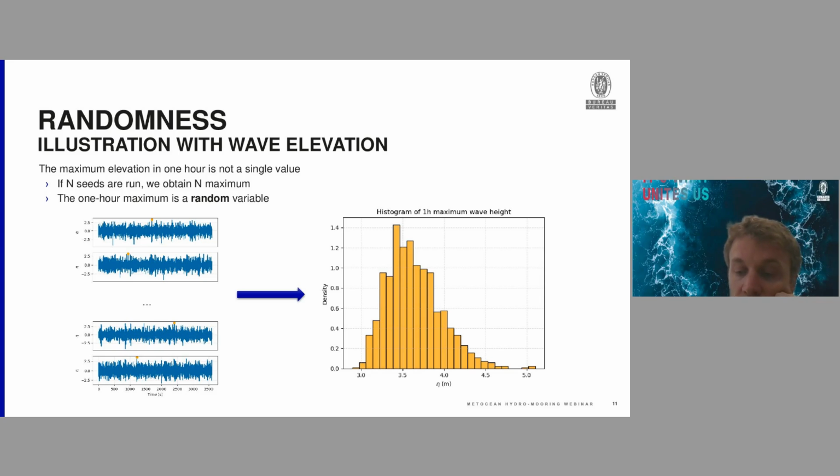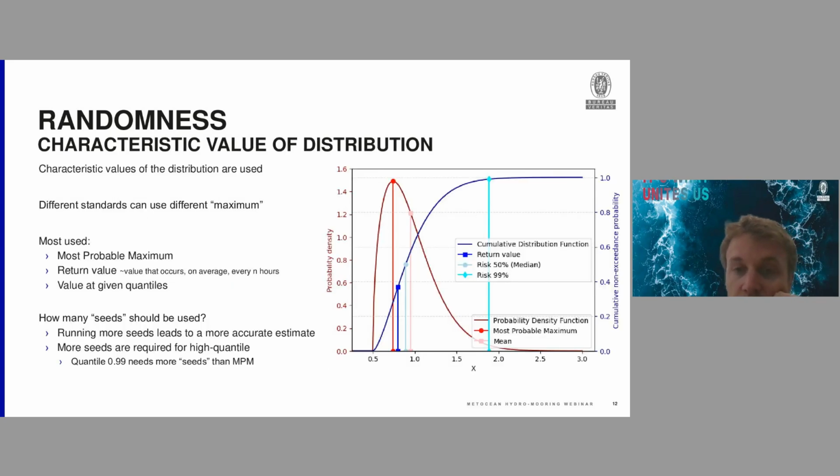But in the standards, we refer to the 1 hour maximum or MPM or this kind of thing. Those values are characteristic values of the distribution. Here on the figure, the red curve is the probability density, and we pinpoint some of the characteristic points. For instance, the MPM, which means most probable maximum, is the point where the probability density is the highest.